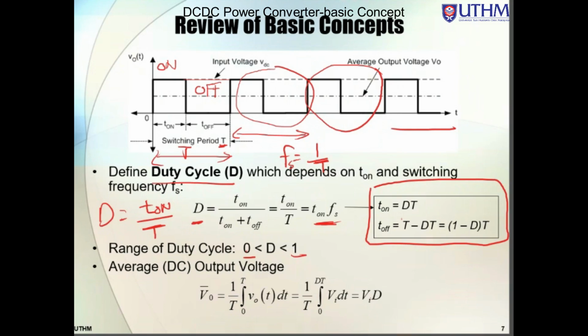Otherwise we will face problems with the control and losses. Okay, then we look into the average DC output. So the average DC output is Vout equals Vs times D. This is the basic concept of the DC-DC.